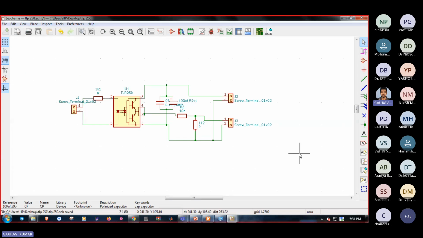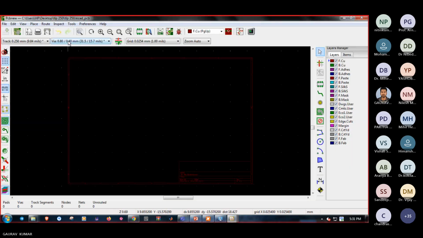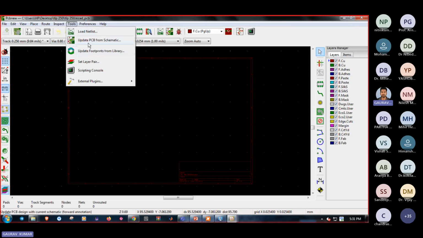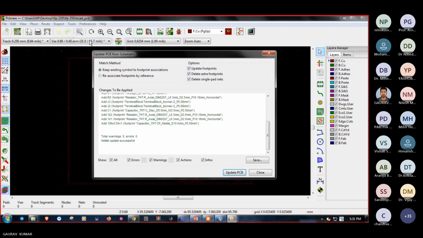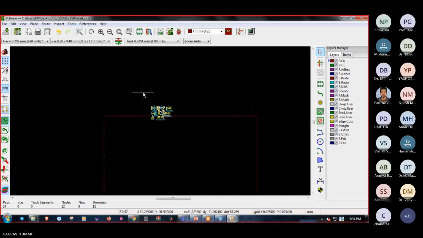You have to go to the PCB editor. You have to use update PCB from schematic, in this type of interface.